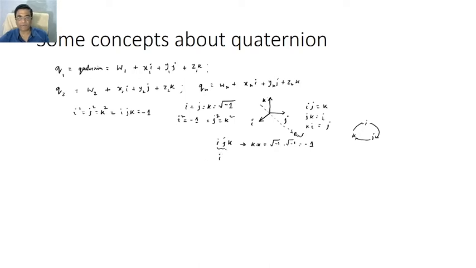You have understood, I think. jk equals i, so instead of writing jk, I can write i, so this is i square equal to minus 1. So in whatever way you compute, ijk equals minus 1. You should not get confused, because ijk are also orthogonal to each other.